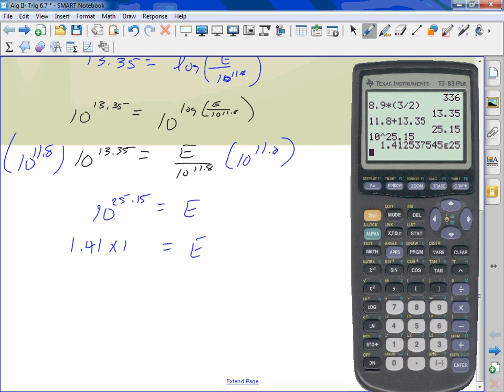It's 1.41 times 10 to the 25th in scientific notation. So it's 141 with 23 more zeros on the end. It's a lot of energy released. That is your final answer, the 1.41 times 10 to the 25th.